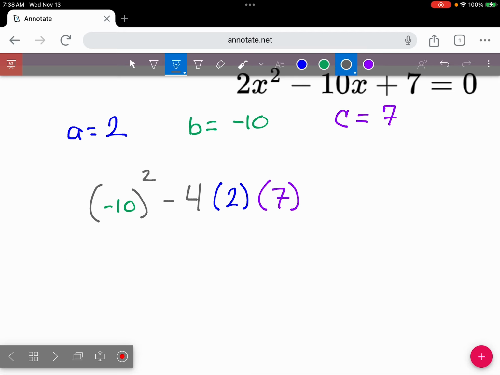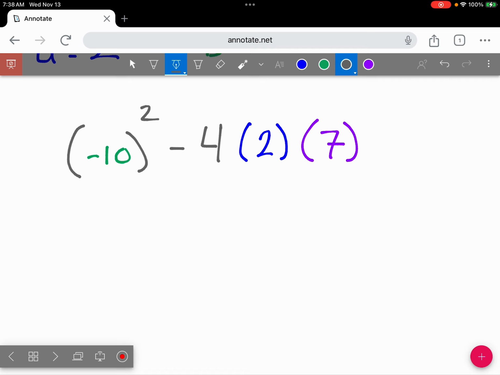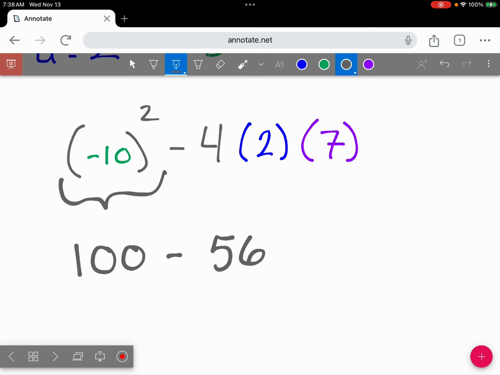If we're careful and we use our parentheses, you can type that statement into the calculator as it is, but you got to use the parentheses. Super important, because -10 squared gives me positive 100. 4 times 2 times 7 is 56 here.